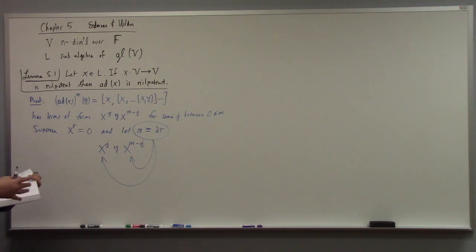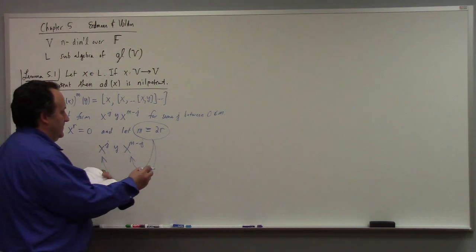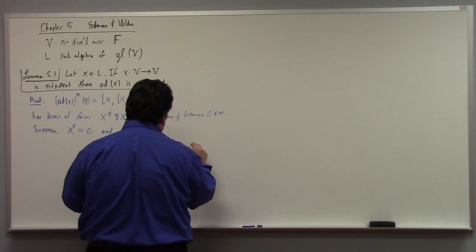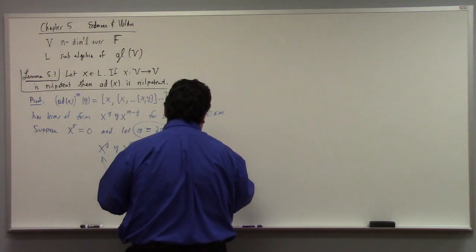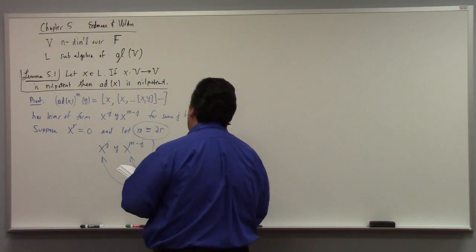If j is less than r, then m minus j is greater than r. So any way you slice it, you're looking at the composite of X at least r-fold times. Consequently, since that happens for every term in the nested commutator, the adjoint of X to the m is equal to 0 for such m, which is to say that the adjoint is nilpotent.